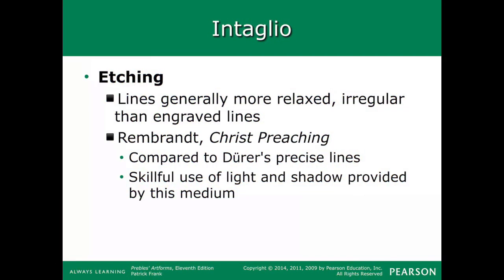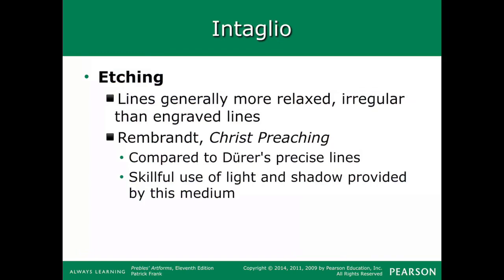So it's almost like slightly burning into the surface. So when it comes to etching, lines are generally more relaxed and more irregular than engraved lines. So there's a little bit more expressiveness where the lines can be softer if needed.